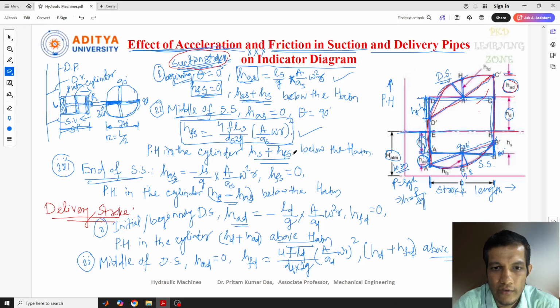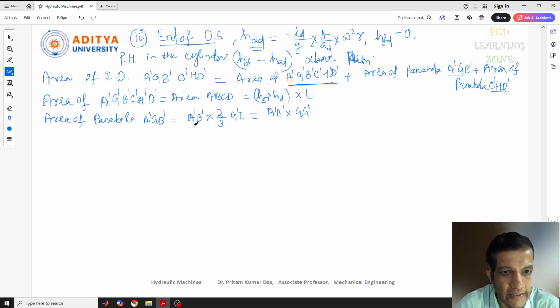Here also the same thing I have written: the area of A dash B dash into 2 by 3 G dash I. Here again we can write 2 by 3 into A dash B dash into G I dash, and again we can reframe it as 2 by 3 into AB, since A dash B dash is nothing but AB, and here again G dash.